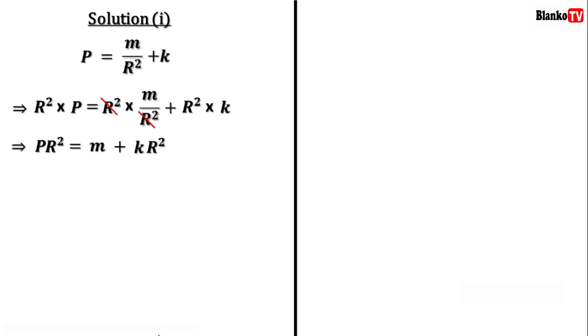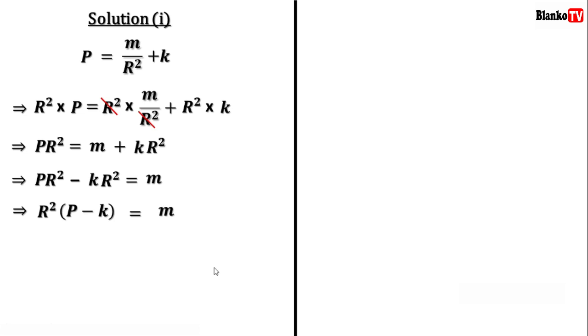Okay, so we group like terms. So we have P r squared minus k r squared equals m. Okay, so we factorize P r squared minus k r squared, and when we do that, we are going to get r squared outside the bracket, then we have P minus k in the bracket equals m.